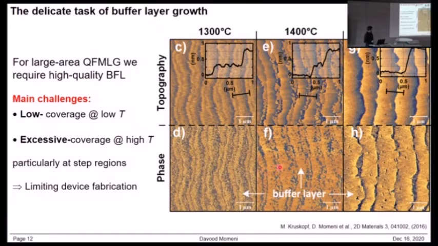The point, however, is that considering the AFM phase images of these samples, you can see that we have a kind of phase contrast on all samples, which arises from the material contrast. So we have a mixture of silicon carbide and buffer layer. Even at 1500 Celsius we have a rift or a gap between the terraces, which is uncovered.